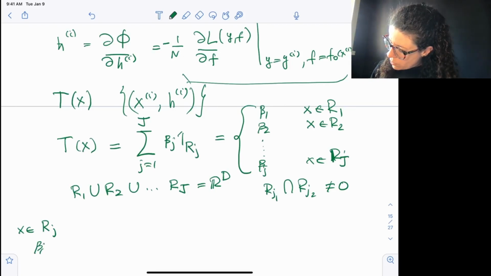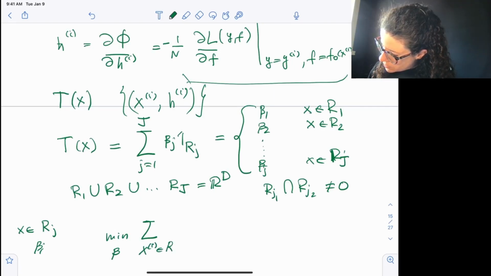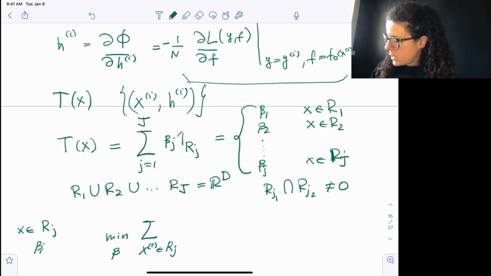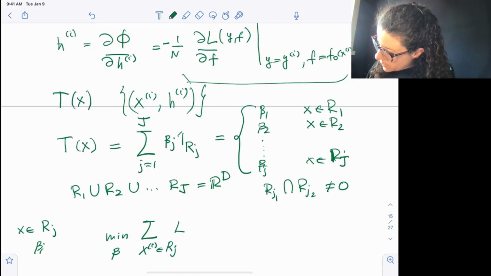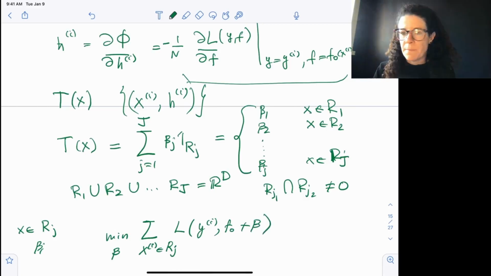So what we want to do is to minimize with respect to beta the sum over xi such that this is in Rj of the loss of yi, comma, f0 plus beta, right?